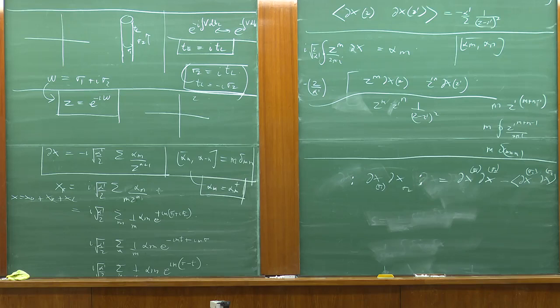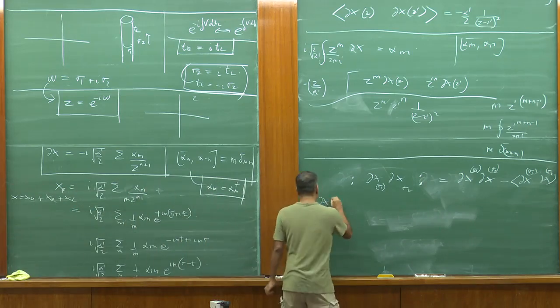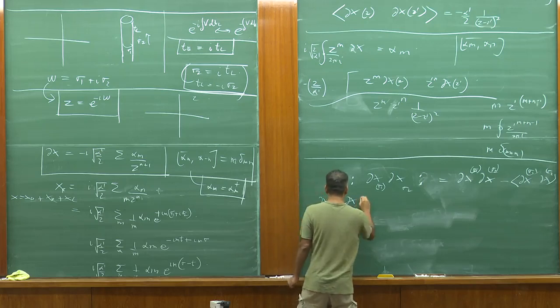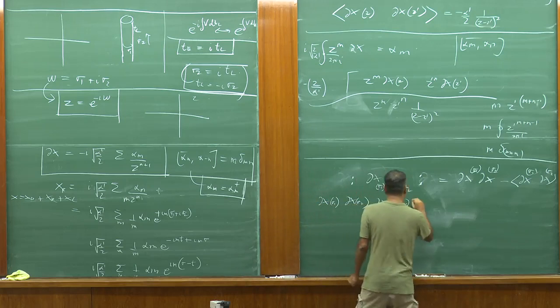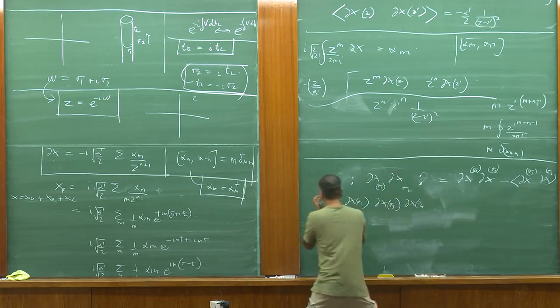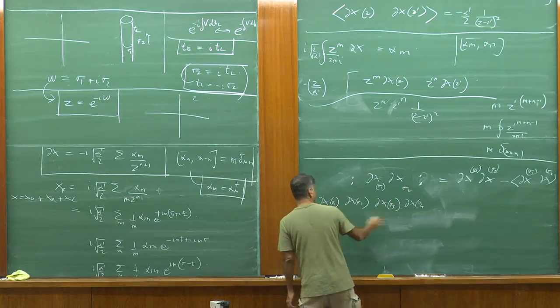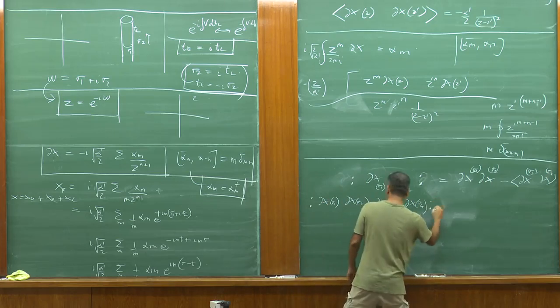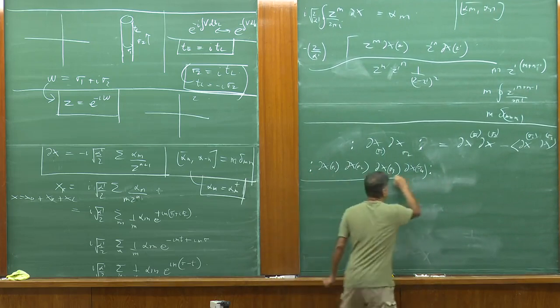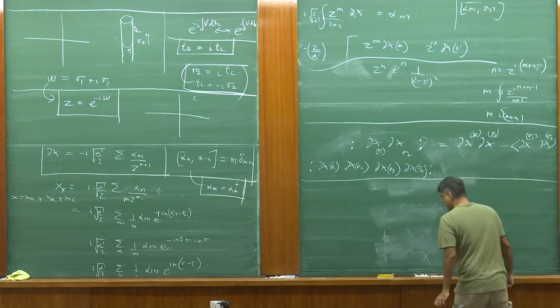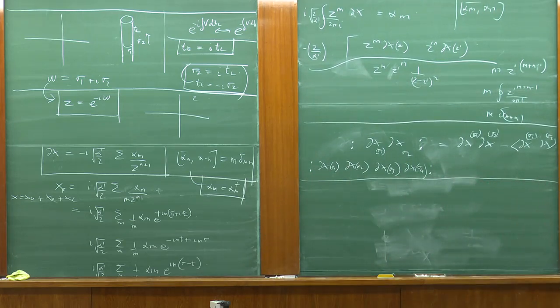Let me write it down once. So del x of sigma 1, del x of sigma 2, del x of sigma 3, del x of sigma 4. I want to define this guy. Okay? So the way I'm going to define it goes as follows.